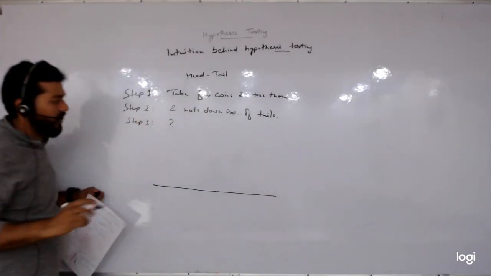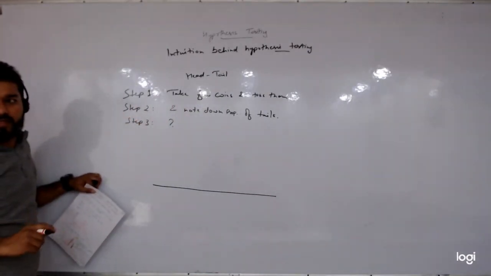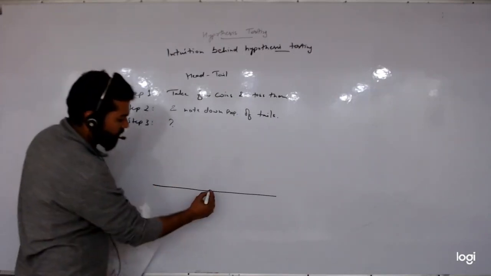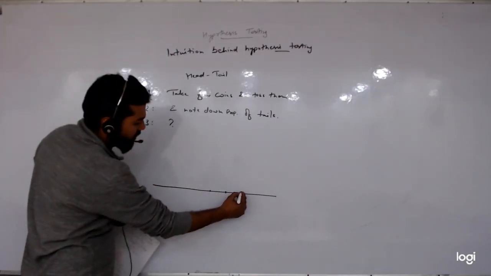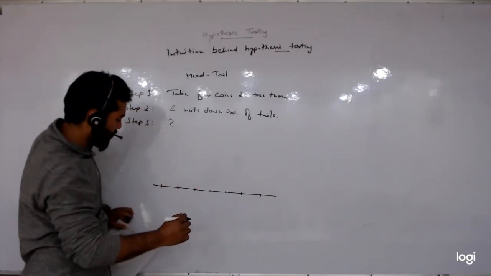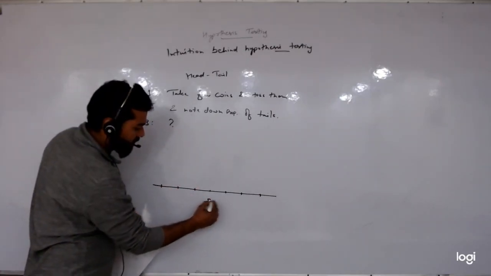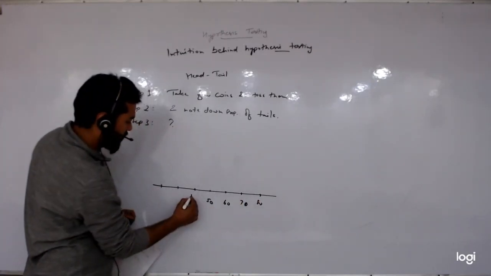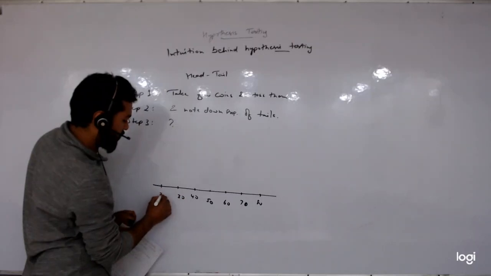Okay, now assuming that the coin is not biased and you make 100 tosses, one would expect the data to be something like this: 50, 60, 70, 80, 40, 30, 20.